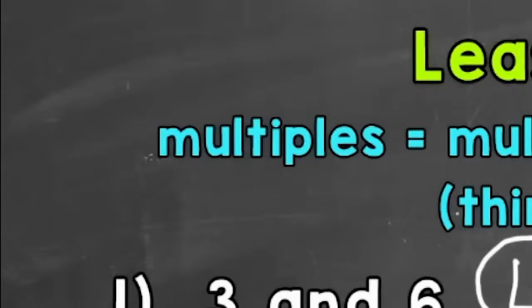Let's move on to number 4, where we have 12, 4, and 8. So we have 3 numbers, and we need to find the least common multiple between all 3. Let's start with some multiples of 12. So 12, 24, 36, 48, and 60.